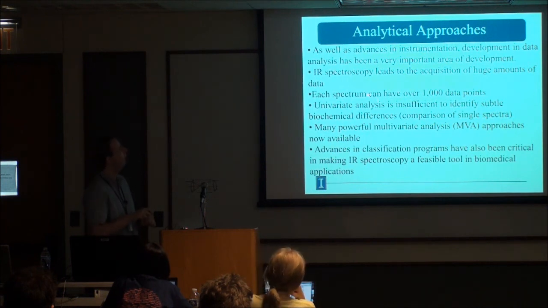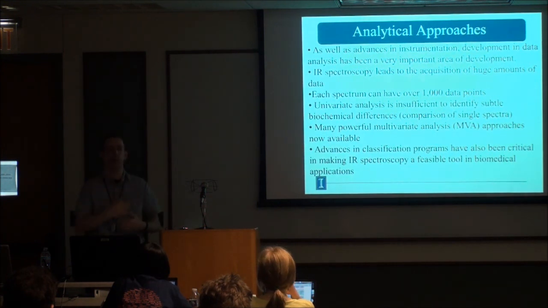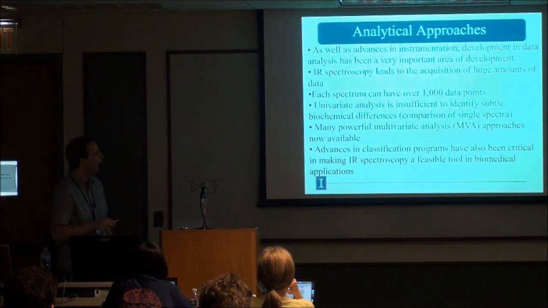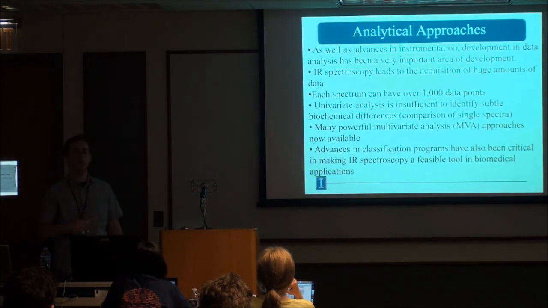So univariate analysis was generally insufficient for identifying these very subtle changes. By univariate, I mean just comparing graphs. You know, it's not like mass spec where you have these very significant differences. So the emergence of multivariate analysis and classification has really driven this field forward massively.